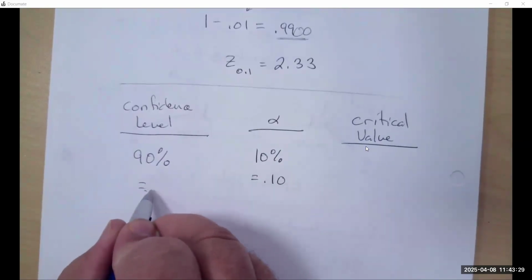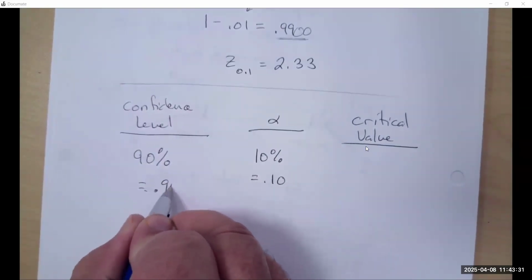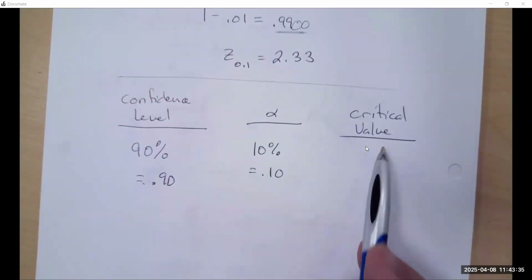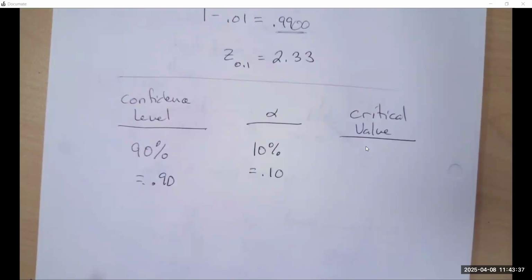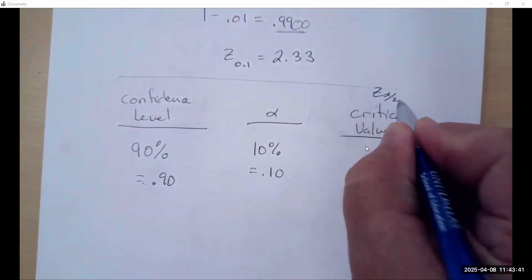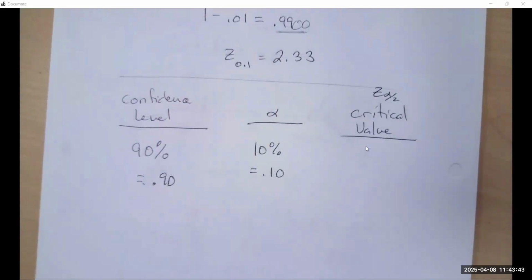This is 0.90. So find the critical value. The critical value is your z alpha over 2 number. We have to look at what number we're going to look at.